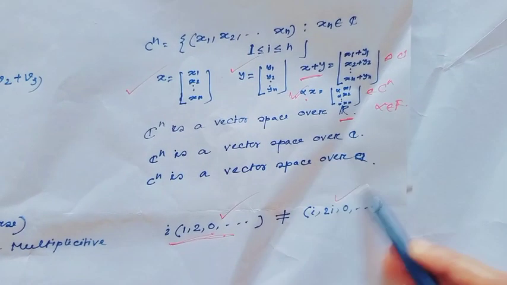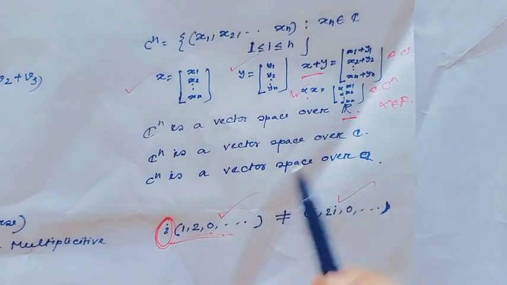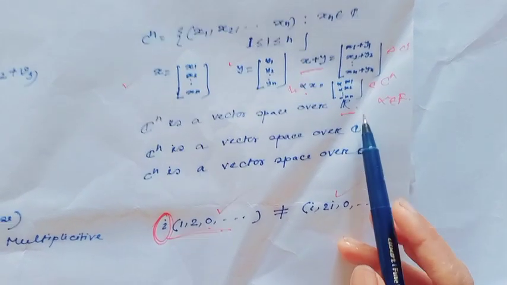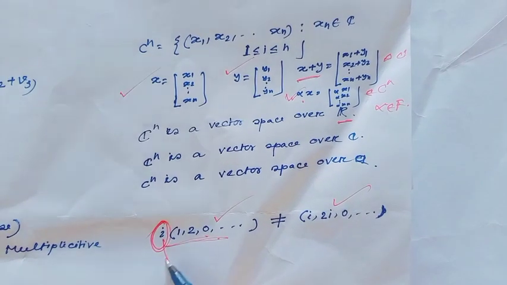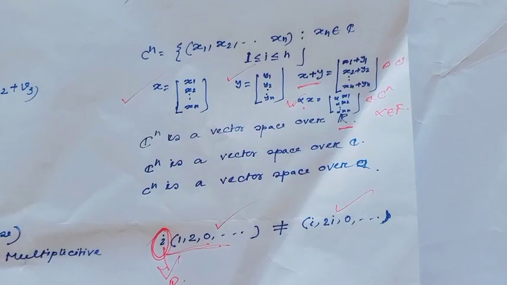Here this is the vector, but i is the scalar. Since the vector space is over the real numbers, this scalar does not belong to the real numbers. It is a member of the complex numbers.